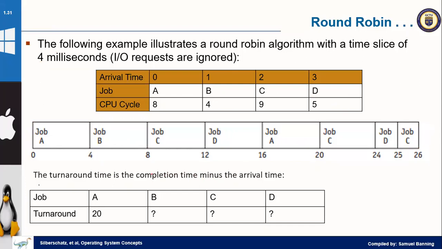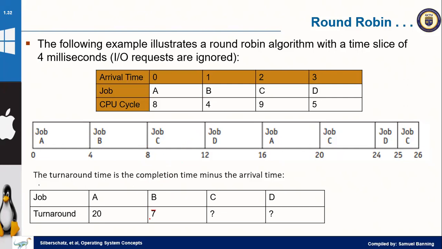That of B, B completed here, 8. So 8 minus 4 is 4.